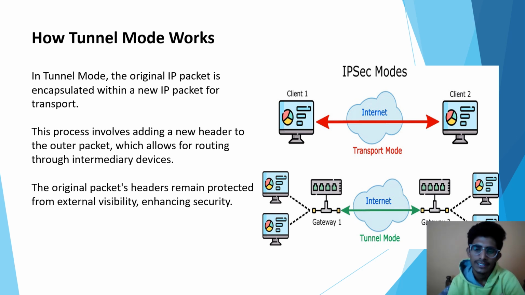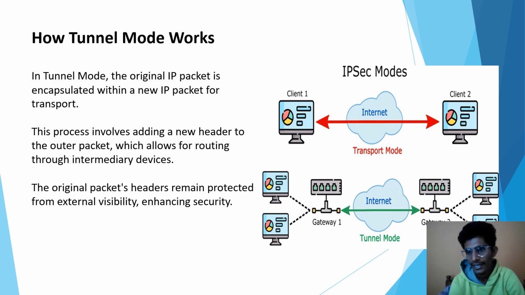It encapsulates the entire IP packet and adds a new IP header to it. The original packet header remains protected from external visibility, enhancing the security. How the data packets are communicated through transport mode and tunnel mode, we will see in the figure.